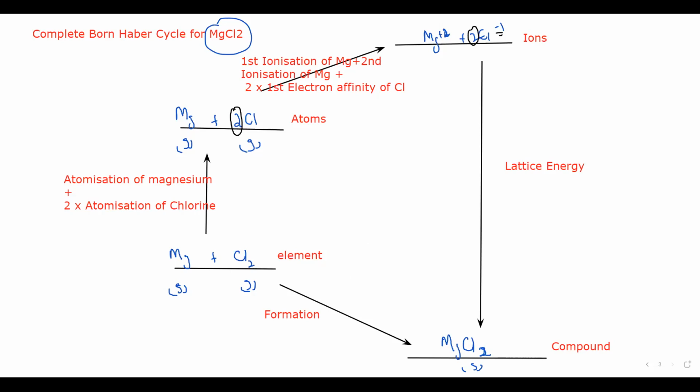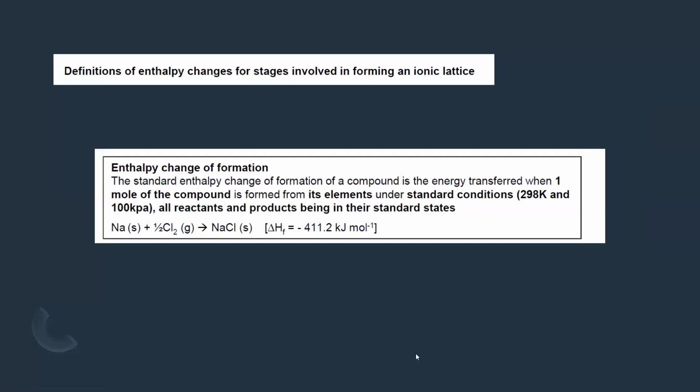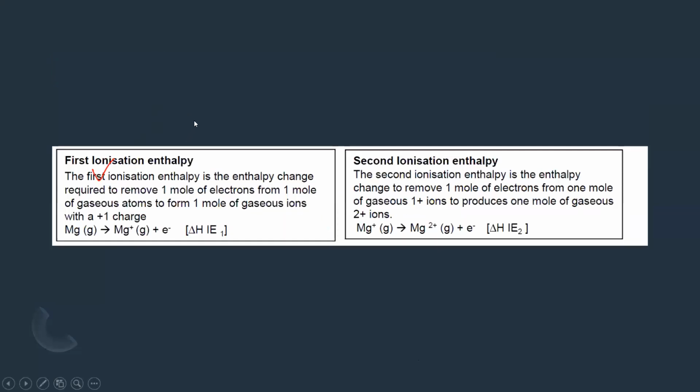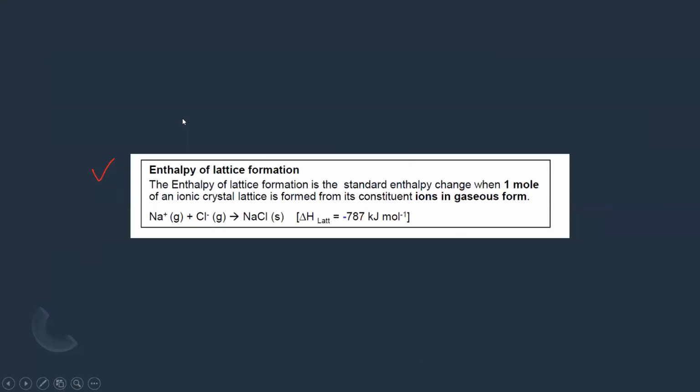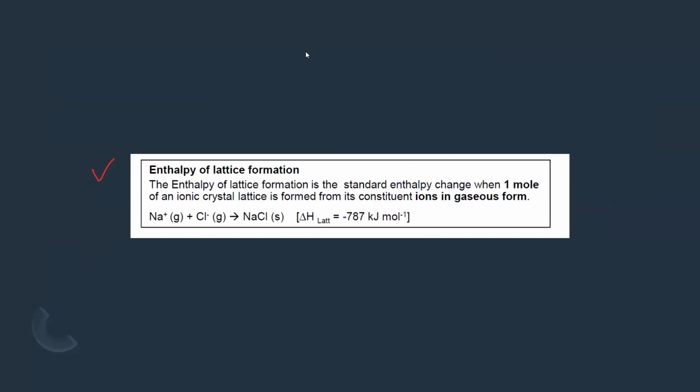In the next session, we will do more examples related to lattice energy. I want everyone to memorize these definitions: the enthalpy change of formation, the enthalpy of atomization, first and second ionization, first and second electron affinity, and enthalpy of lattice energy.